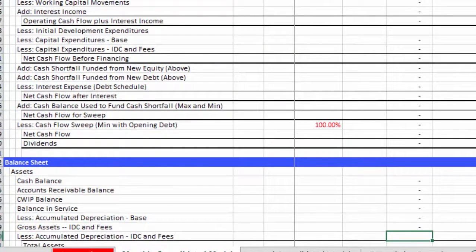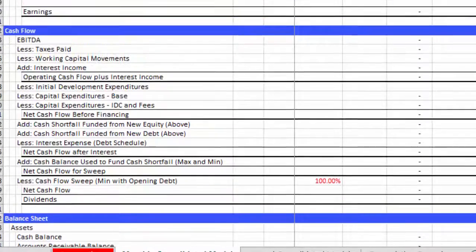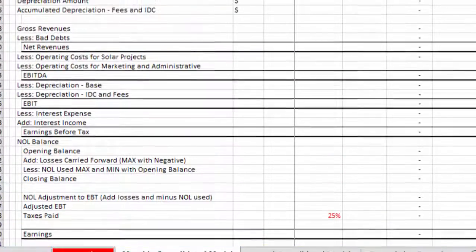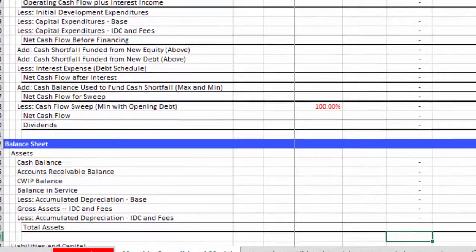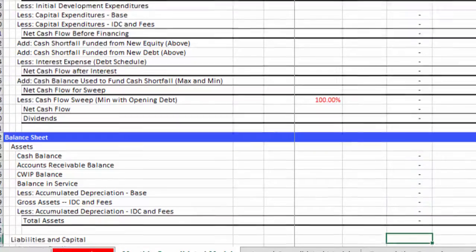You notice I haven't summed this, and then take the accumulated depreciation from this. Now on the accumulated depreciation, I'll put a minus sign here, and then press alternate equal.